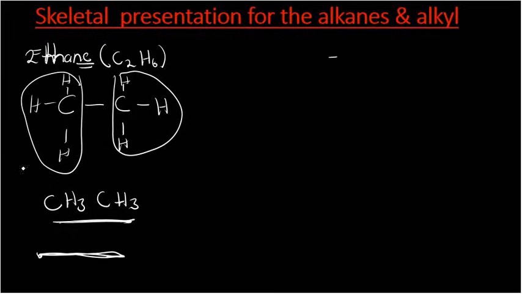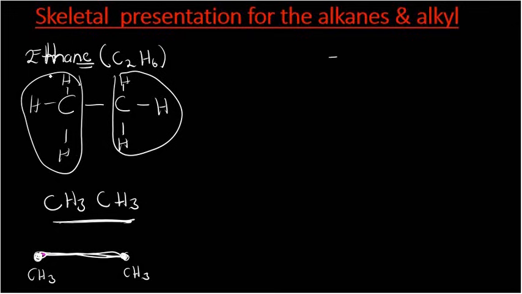At each end, these ones are referred to as CH3. So every end of a skeletal structure is CH3. Meaning this side again is CH3, and this side is also CH3. So that is the skeletal structure of ethane.